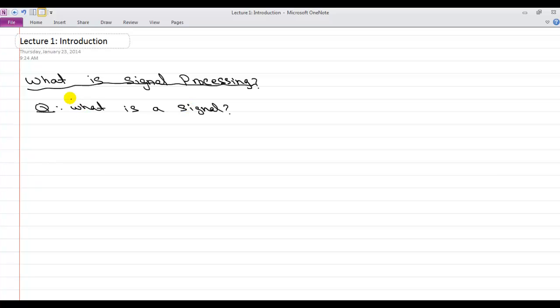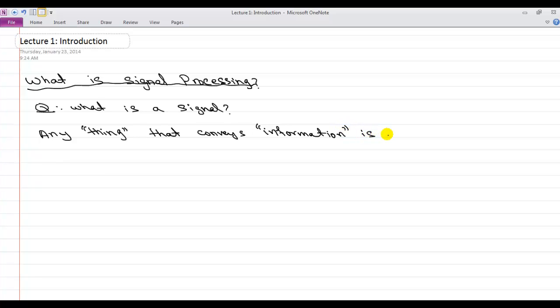So a signal is anything. I'll call it a thing because it can come in different shapes and forms physically, but anything that conveys "information", and information is a subjective term too, so I'm putting that in quotes also.